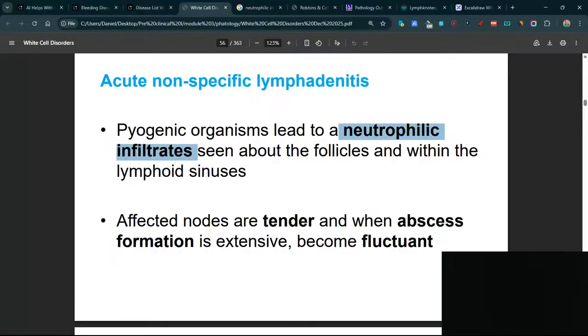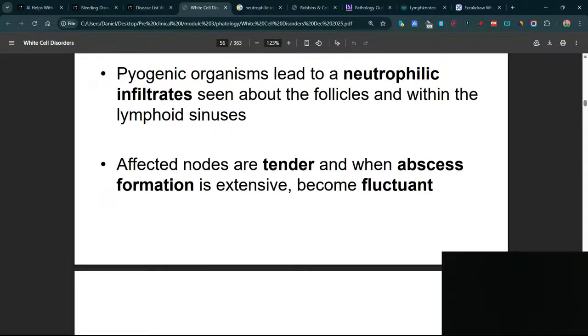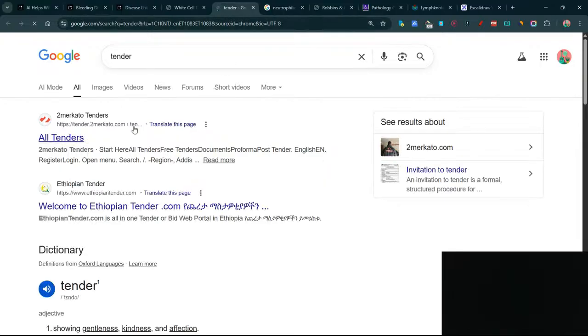Okay, so follicle and within lymphoid sinus. Affected nodes are tender, and when abscess is extensive they become fluctuant. What is tender?